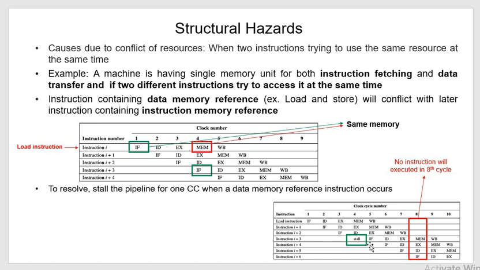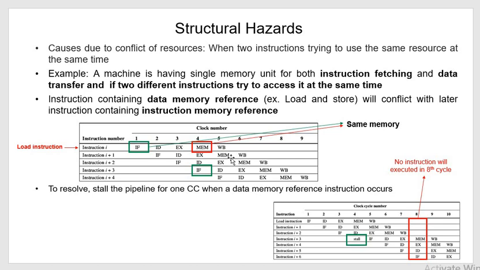Once it is fetched in this clock cycle, we will have to make one assumption. If the second instruction is also a load, then one more hazard will be there. Again in the fifth cycle this opcode cannot be fetched, if the second instruction is also a load instruction in which the memory access will be there.